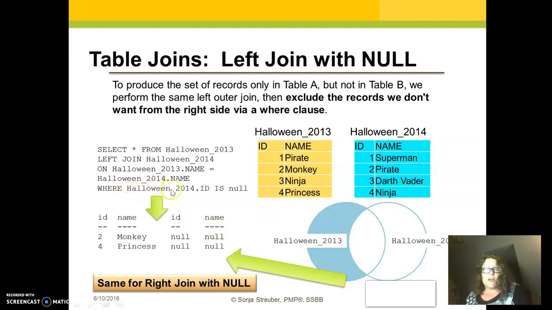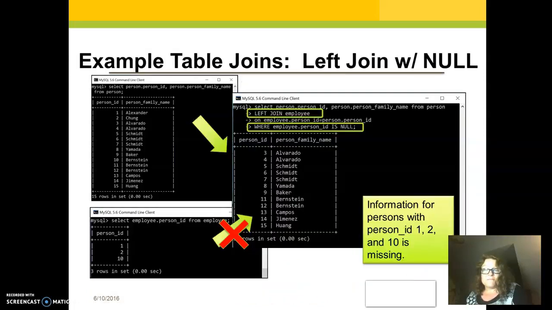But we're saying now where Halloween 2014 ID is null. So that gives us the monkey and the princess. Here's the left join with null right here. And of course, now in this case, we are seeing all the information displayed from this table and none from this table.